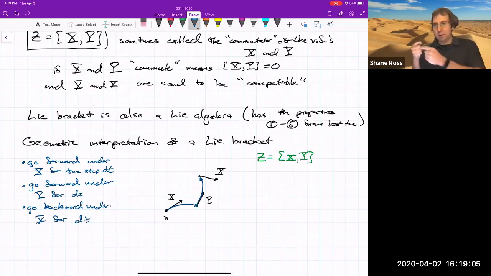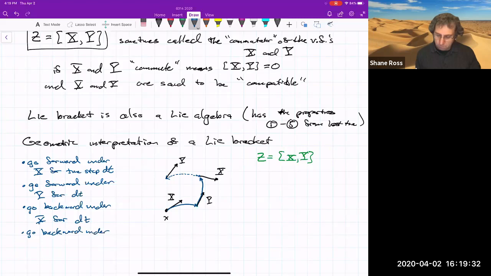That means I follow the negative X vector field, and this will take me somewhere. Then at that point, Y is slightly different too. Here's Y, and I'll go backward under Y. So that takes me somewhere.